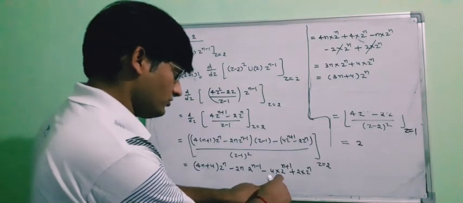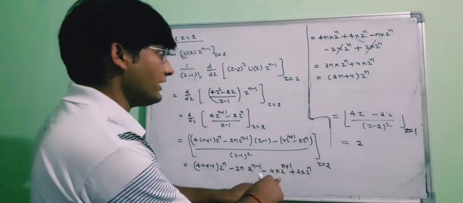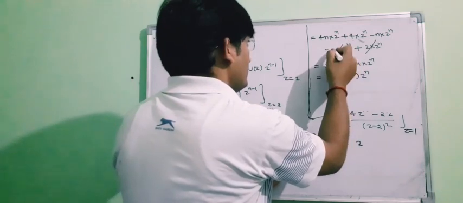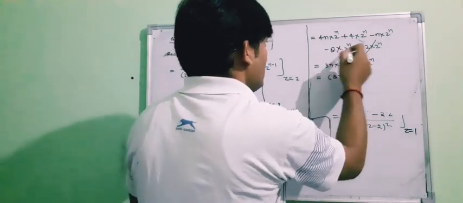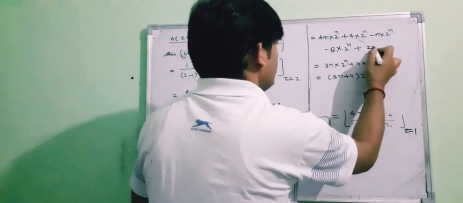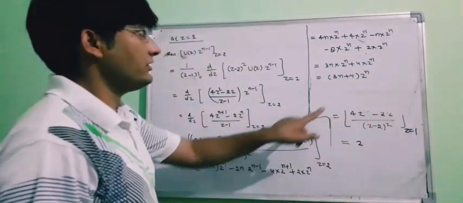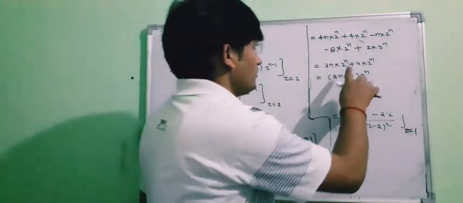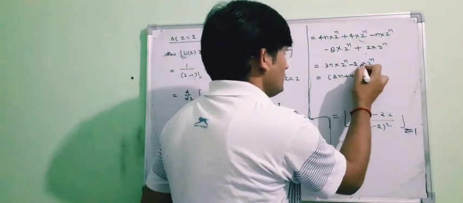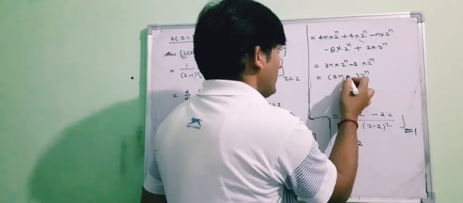So this is your 2 power n into 2, so this will be your 8. Now this will not get cancelled. So that means 4 plus 2 is 6 minus 8, that is your minus 2. So here we will have minus 2 into 2 power n.